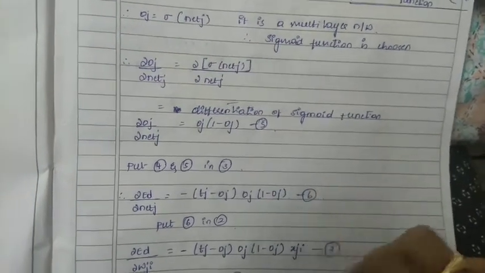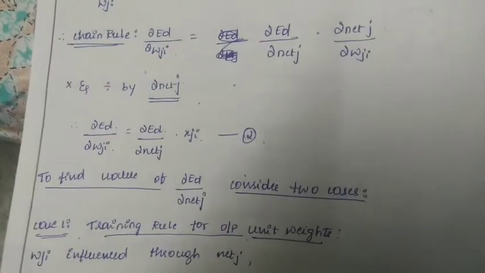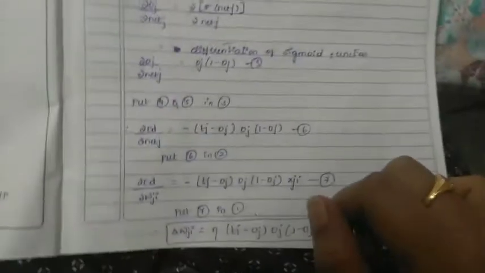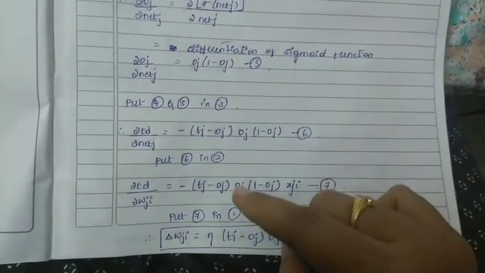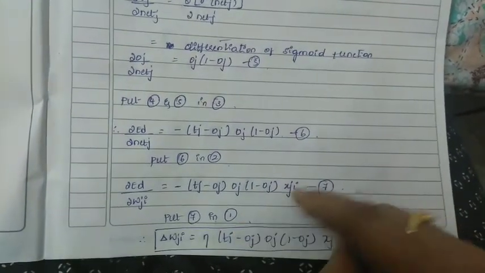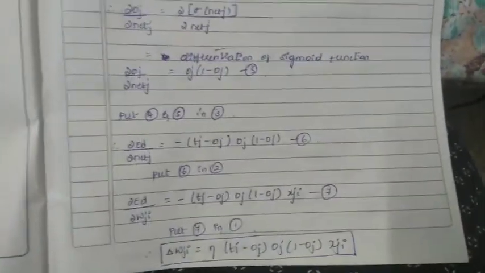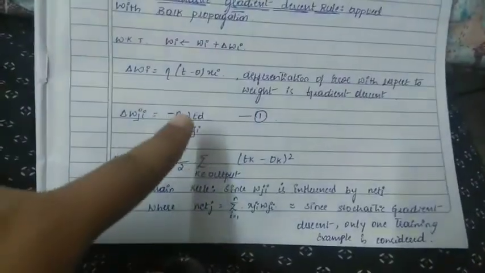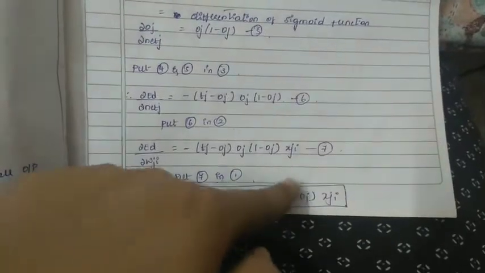I am going to put back equation number 6 into equation number 2. So I am going to get this. Finally, I am going to put this equation 7, that is, what we needed finally, the del ED divided by del WJI, into equation number 1. So finally, I am going to get my delta WJI. So this is my equation of delta WJI.